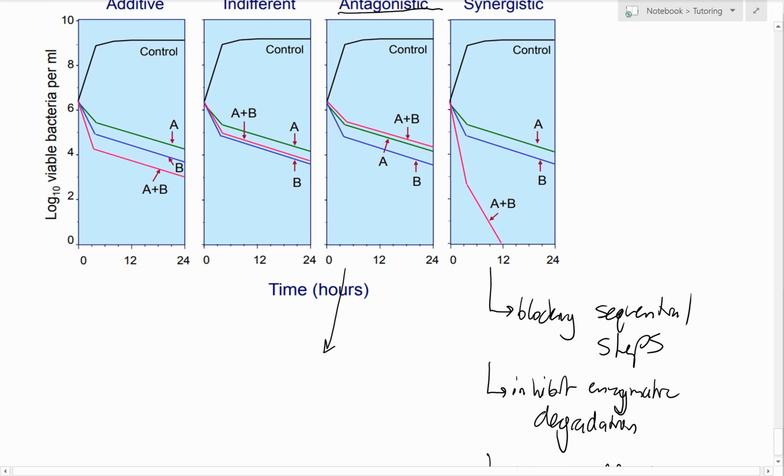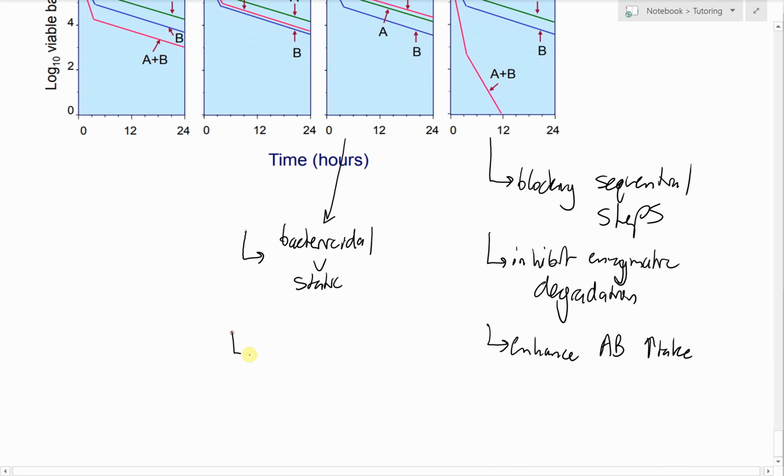So let's say here, bactericidal versus bacteriostatic, cidal versus static. That's one. The other one is we can get induction of enzyme degradation, so induced enzymes. Different drugs have the ability to induce different kinds of enzymes that will degrade the antibiotic.